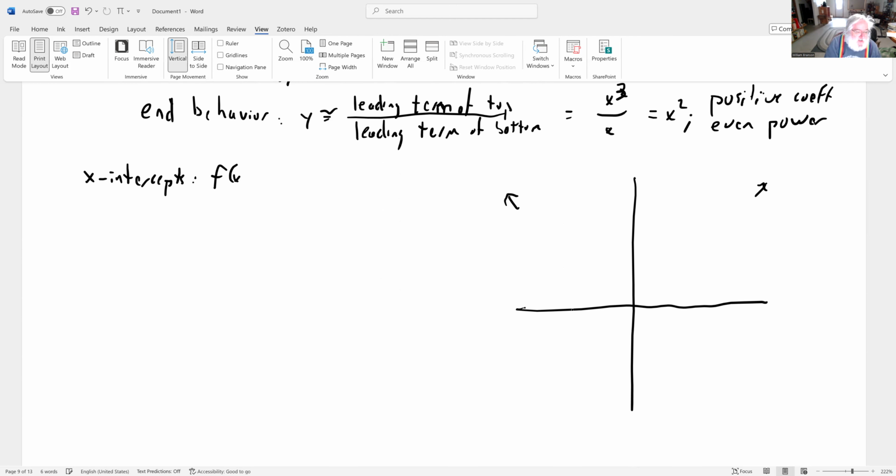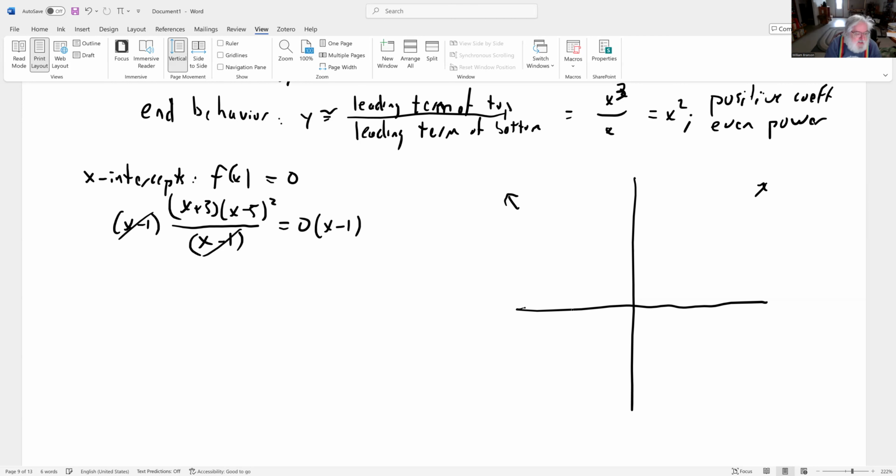Again, that's where f of x equals 0. F of x here, our function, is x plus 3 times x minus 5 squared over x minus 1. And we want to solve this for x. And what's nice about this is we can just cancel out the x minus 1s, right? We'll just multiply both sides by x minus 1.